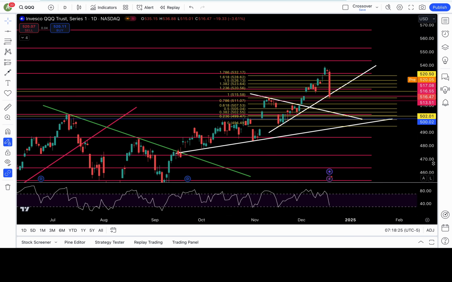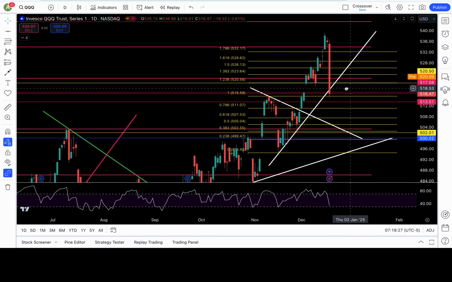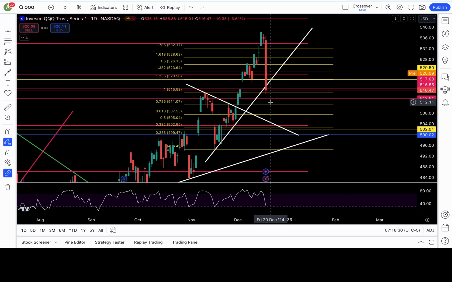Triple Q also broke down a critical level, a crazy, crazy pullback as well. As of right now, I have resistance at 520.5. I would not look to long unless 520.5 can recapture. I have another resistance at 522 and the critical fib level at 523.6.